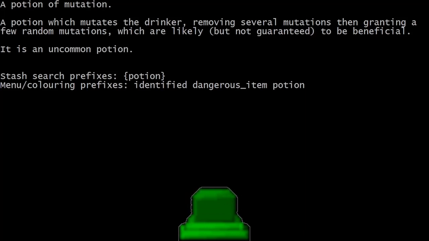Personally, as I mentioned, I like to stay away from the mutation minigame as much as possible, and so I only drink these on characters that are already afflicted by the mutations that I've already mentioned, or other mutations that may not be favorable to have on my current character, because I consider the downsides to be significantly more severe than the upsides are. But that's my take on potion of mutation.